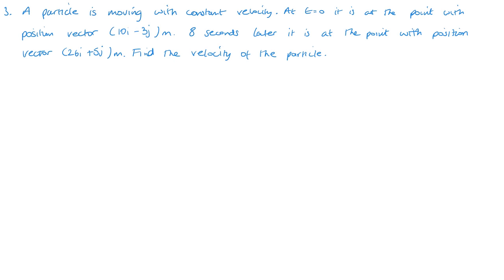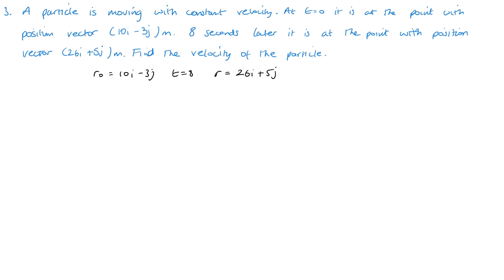So we have initial position vector of 10i minus 3j. Time is equal to 8, and the position vector of r is 26i plus 5j.